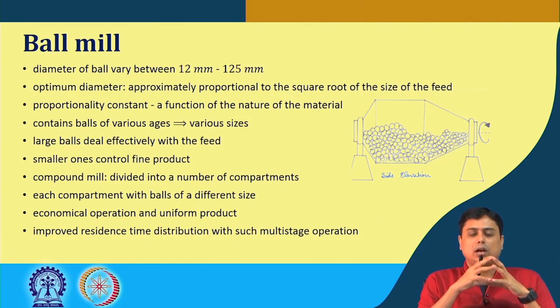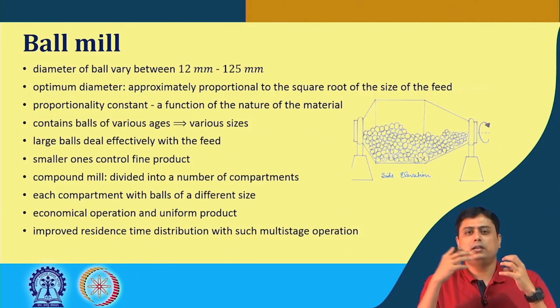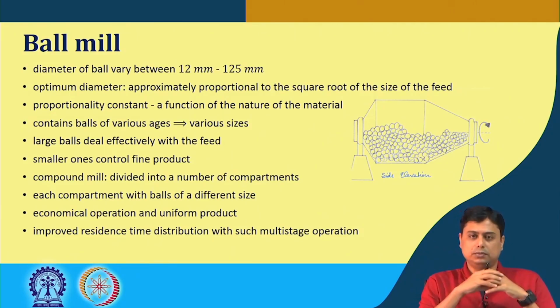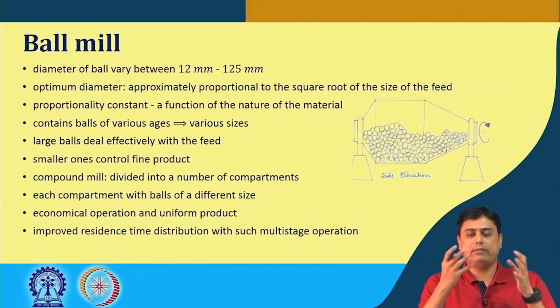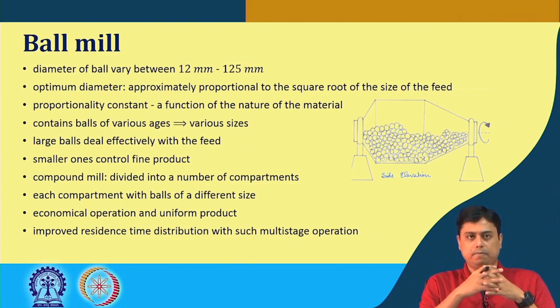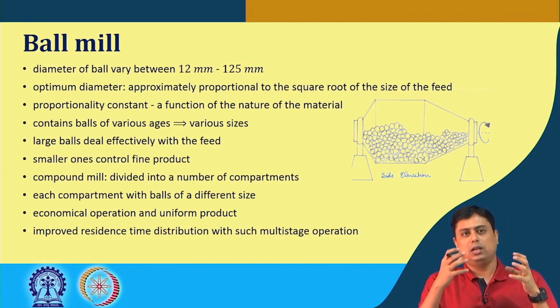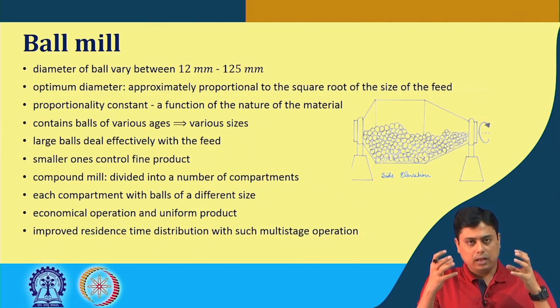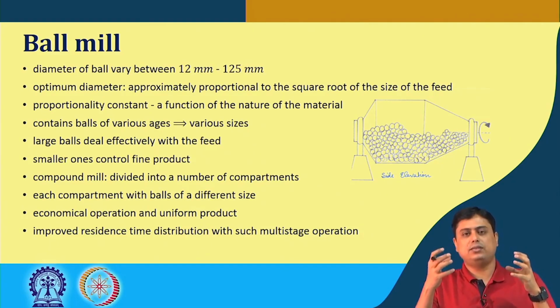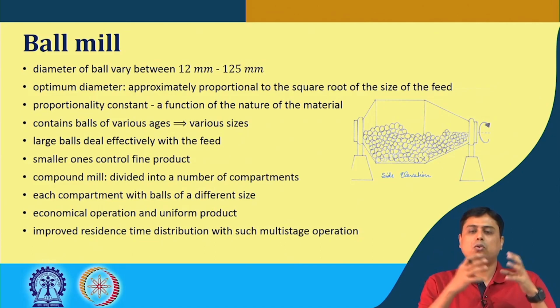Now, I repeatedly mentioned that this ball mill contains different sizes of balls. That is advantageous, because the large balls influence or affect the size distribution of the feed, or the coarser material, in an effective way.